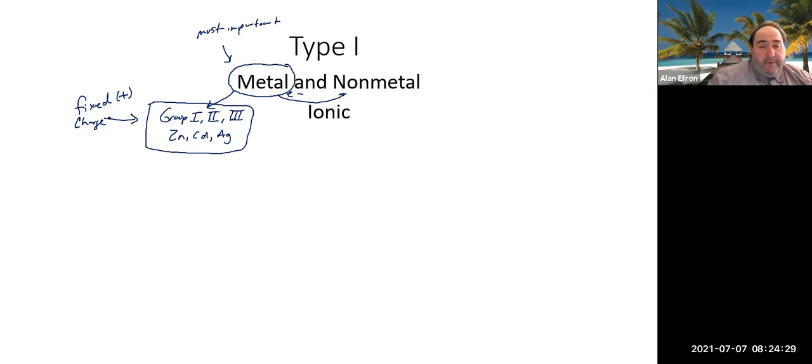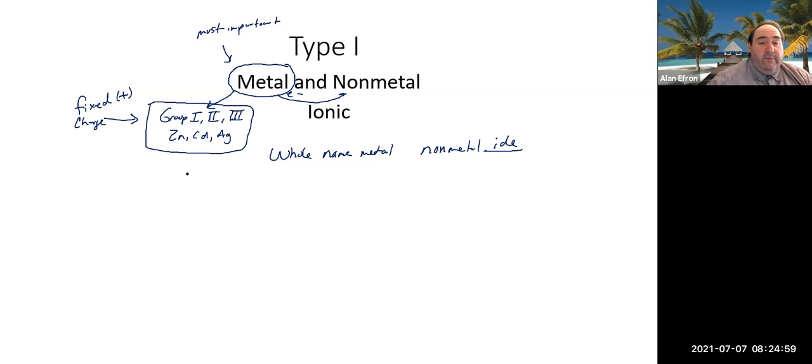And the important part is we name these by simply using the whole name of the metal, and our non-metal gets the -ide at the end of it, like we were just talking about. So basically, we put them together: whole name of the metal and -ide on the non-metal.